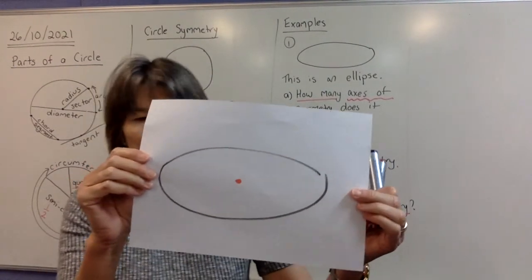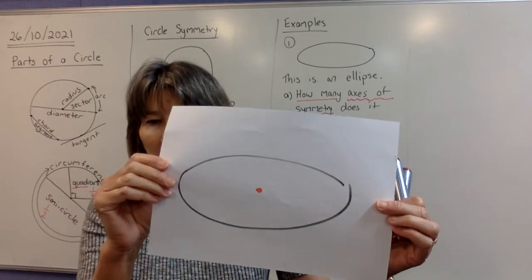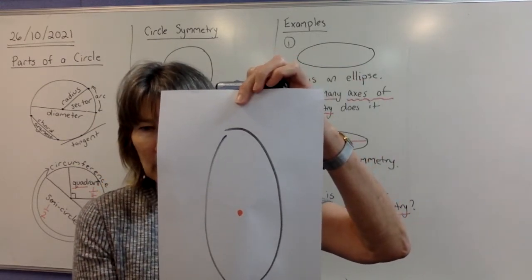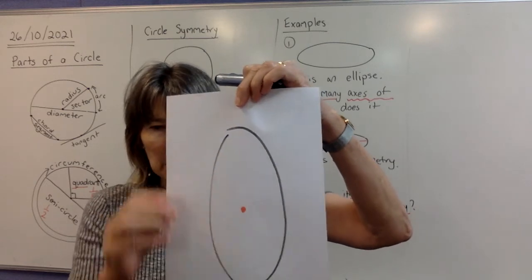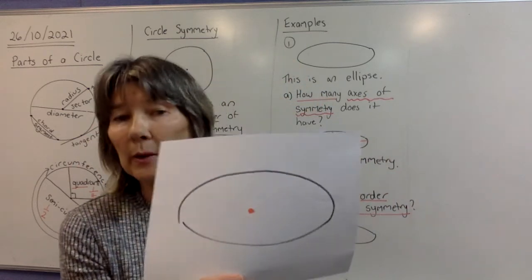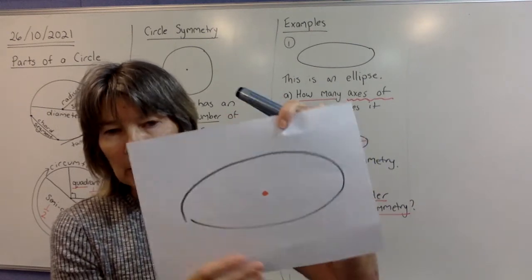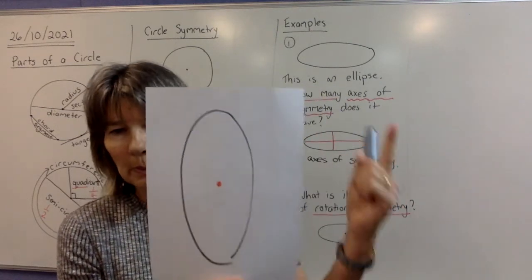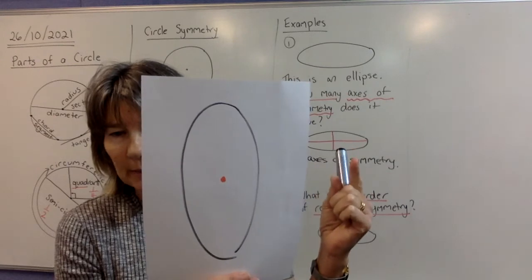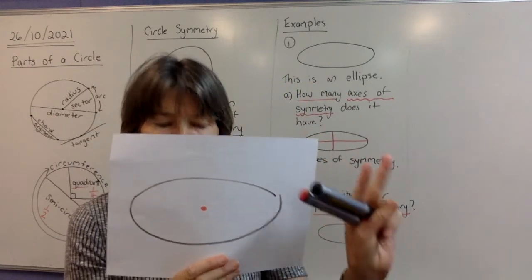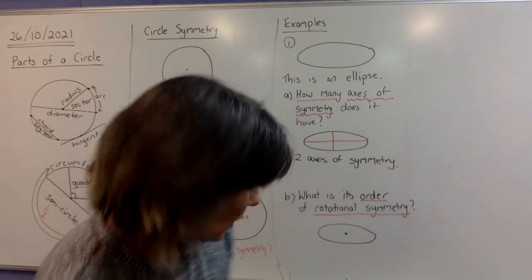So watch what happens when I start to spin. So I'm spinning 90 degrees. That doesn't look like it started, does it? Spin 180 degrees. Now it does look like what it's supposed to, so that's 1. Spin 270 degrees. It's back looking like an egg shape, isn't it? Spin 360 degrees and we're back to where we were. So it has rotational symmetry of order 2.